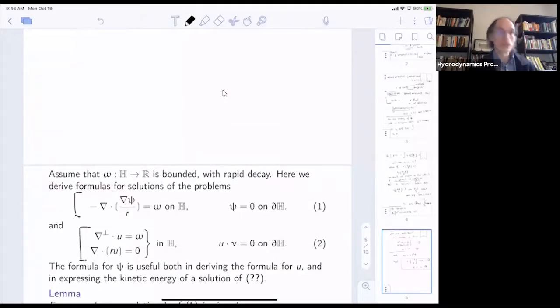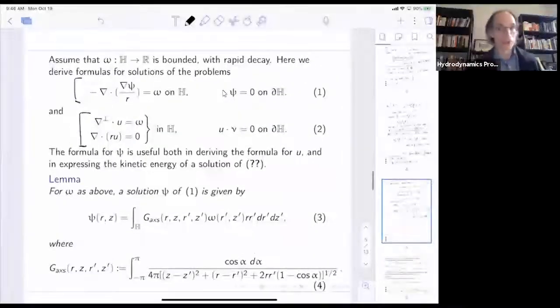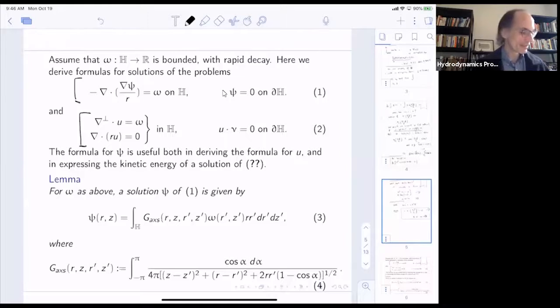And so here's the lemma. The point is, there are formulas, and they're a little bit ugly, but they're not terrible. We'll spend a little bit of time looking at them to see what they mean, because the whole plan is to, as much as possible, redo the arguments that we used in studying the Euler equations in 2 dimensions, but in this different setting.